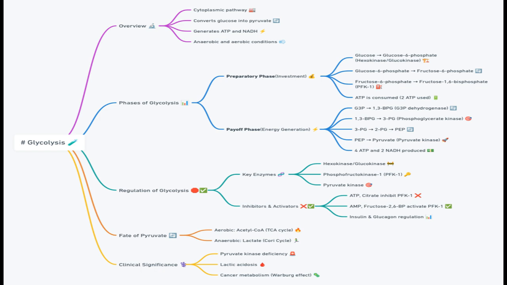With high F26BP, glycolysis increases, and with low F26BP, glycolysis slows down. Gluconeogenesis takes over. Alright, so that is something brief about the regulation.